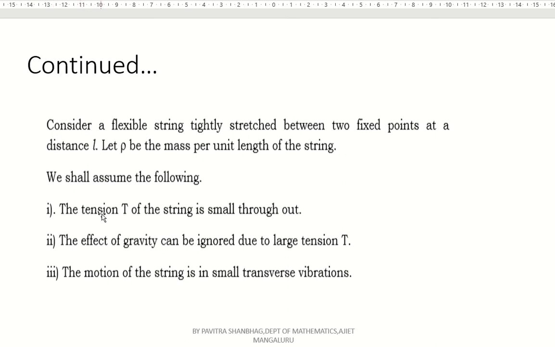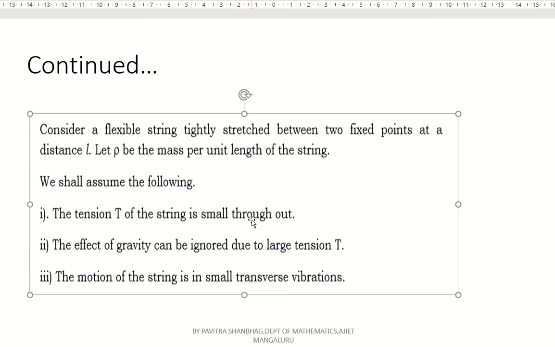The tension T of the string is large throughout. Now this is completely based on your physics concept, that is gravitational force, tension; you have to recall the definitions. The tension T of the string is large, and the effect of gravity can be ignored due to the large tension T.